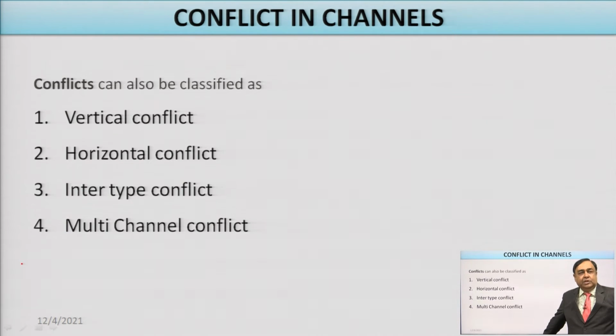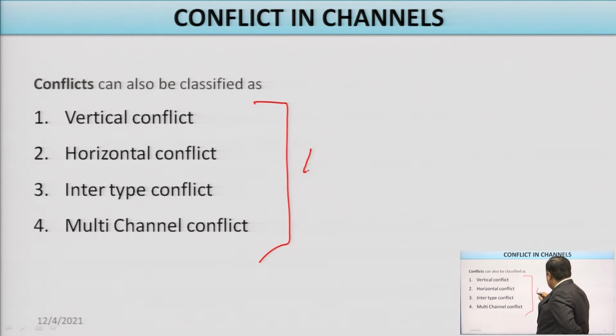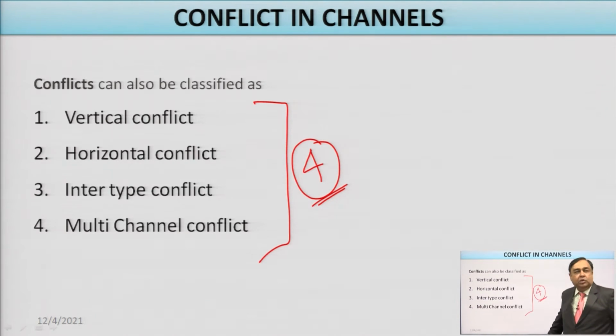We classify it into four broad headings: vertical conflict, horizontal conflict, inter-type conflict and multi-channel conflict. These are the four broad conflicts which we should be very cautious about. I am repeating again: the vertical conflict, the horizontal conflict, the inter-type conflict and the multi-channel conflict.